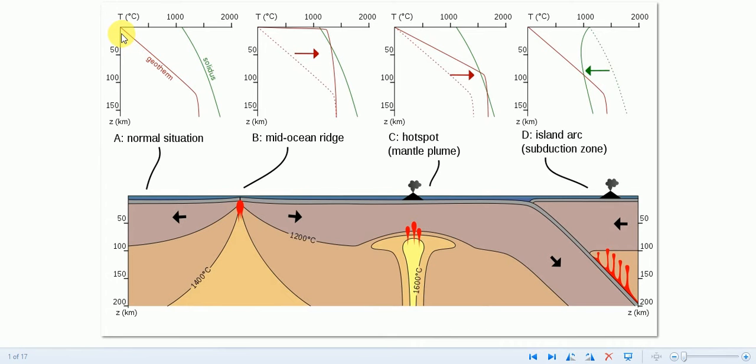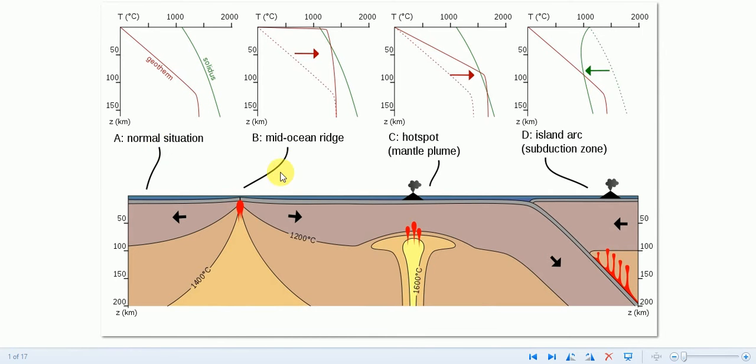The rate of increase in temperature with increasing depth is gradual in this case. Then after 100 kilometers below the surface, the rate of increase in temperature is almost steady, constant. This is for the normal situation.